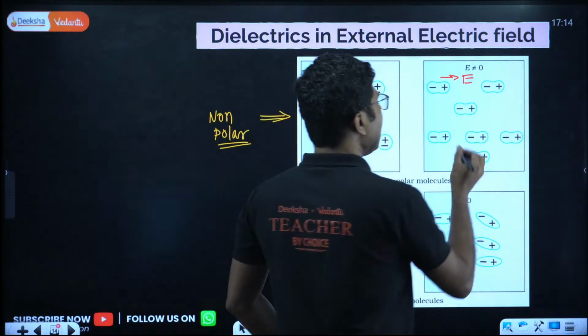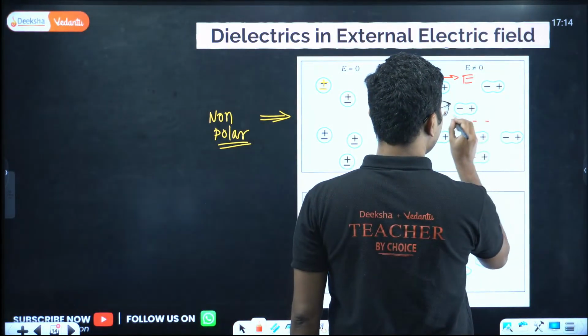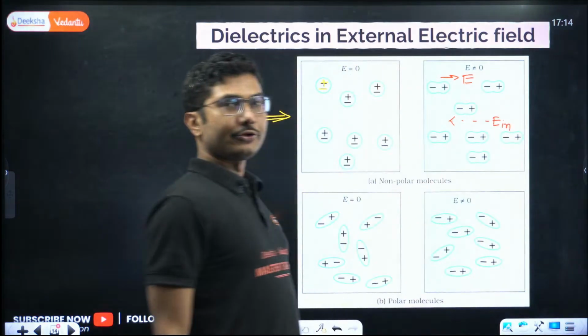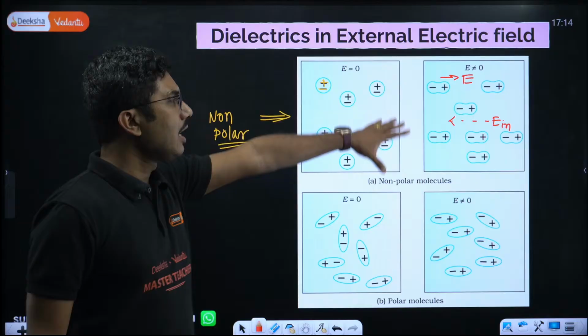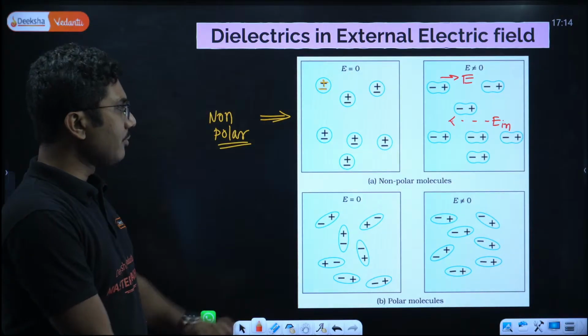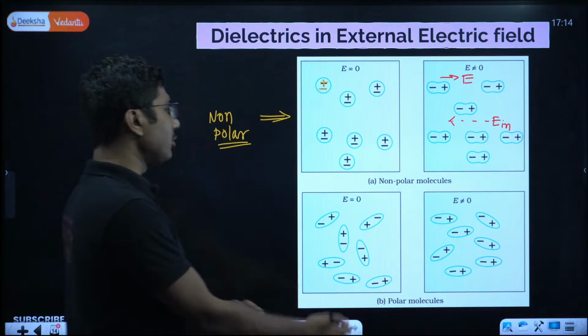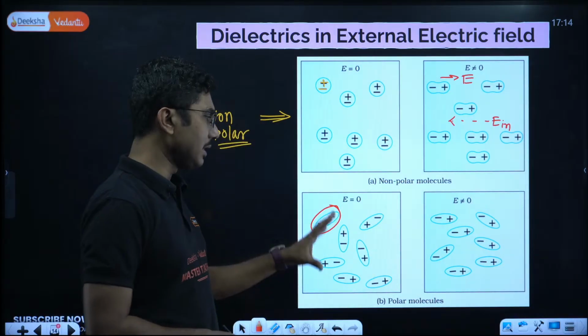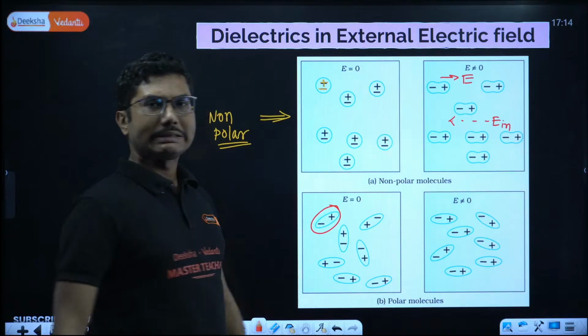So basically you get an internal electric field developed in the opposite direction, and that's why the overall electric field gets reduced. Same with polar molecules. Polar molecules by default have some dipole moment, but they are randomly arranged, so the net electric field is still 0.